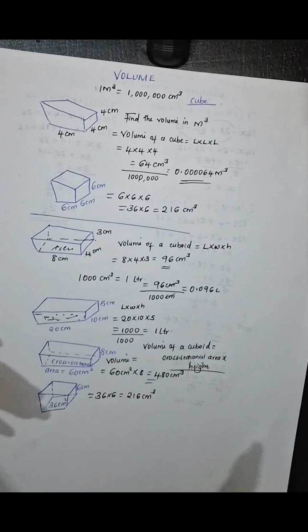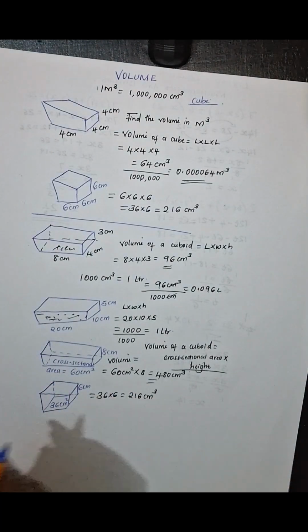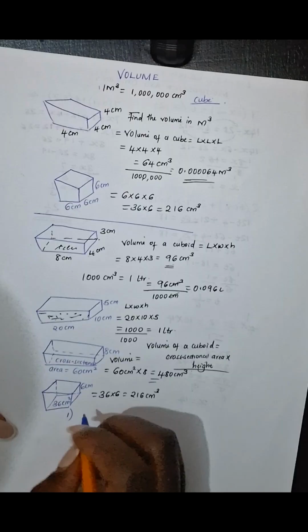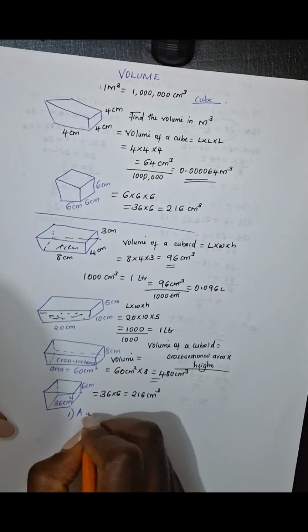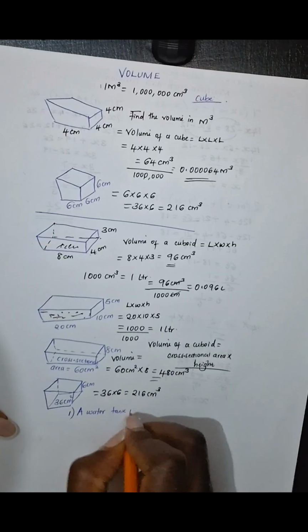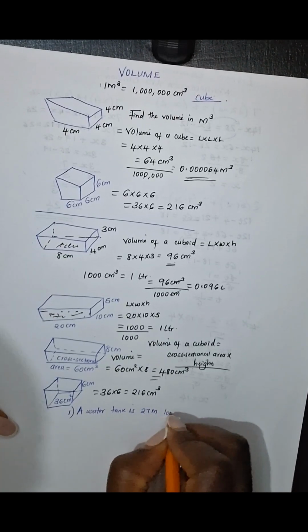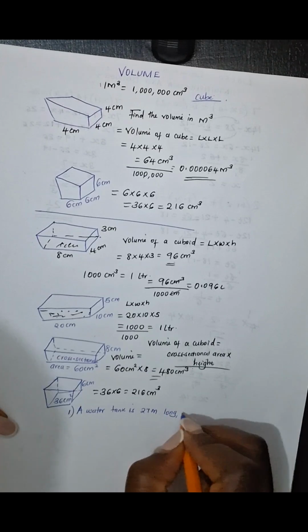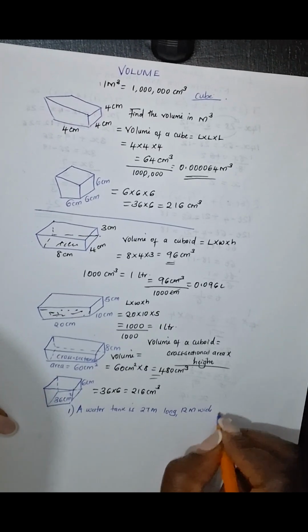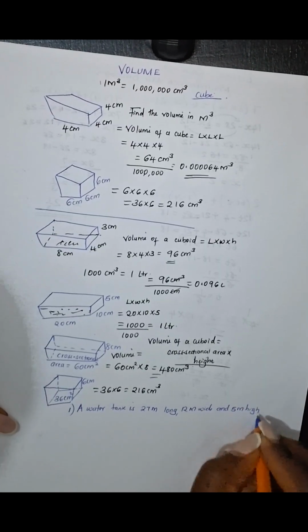But remember, if you're given an application question, imagine you're told, number one application question, that a water tank is 27 meters long, 12 meters wide, and 5 meters high.